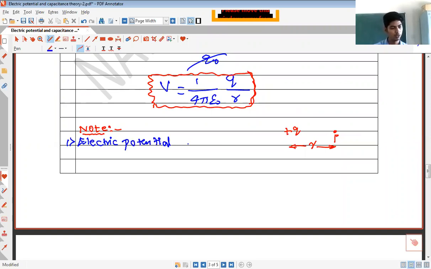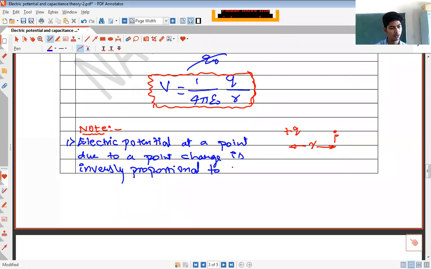Electric potential at a point due to a point charge is inversely proportional to the distance of the point.